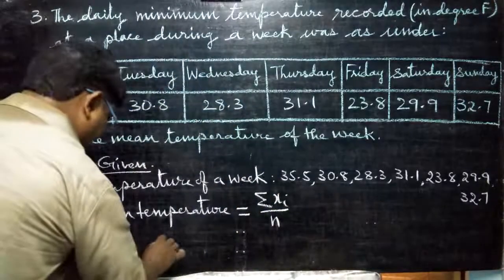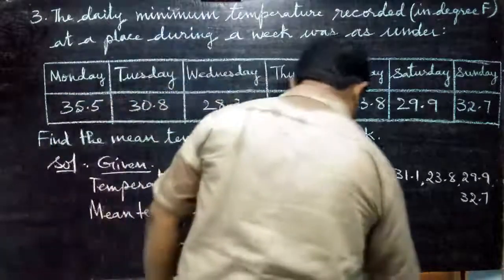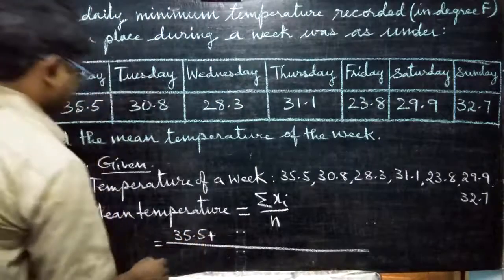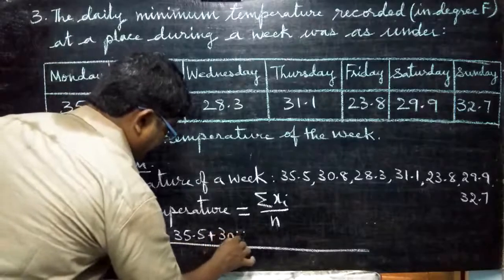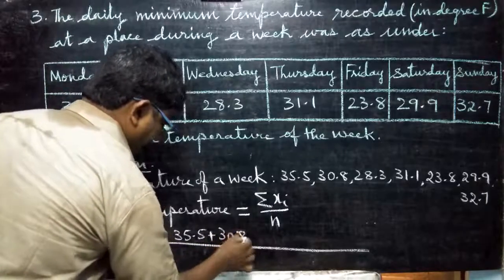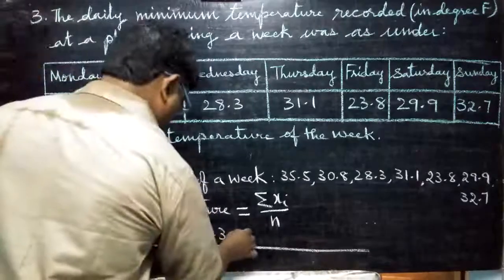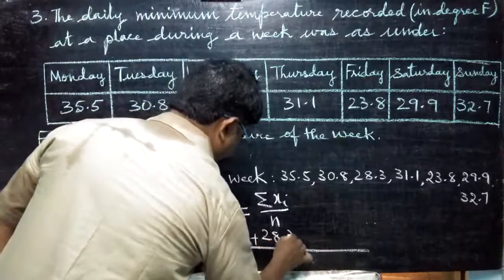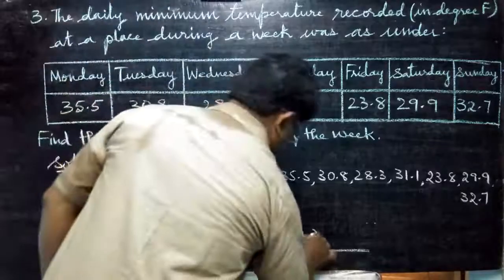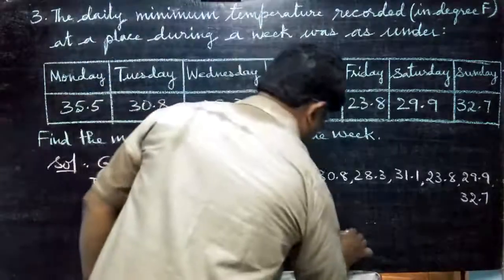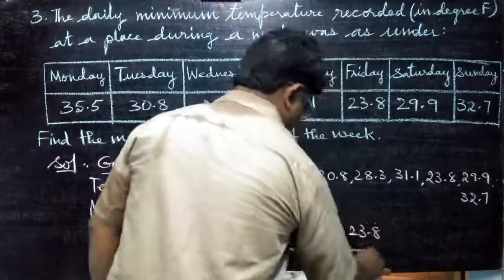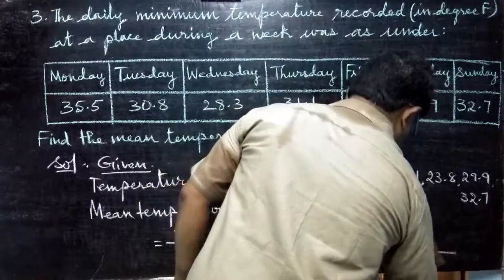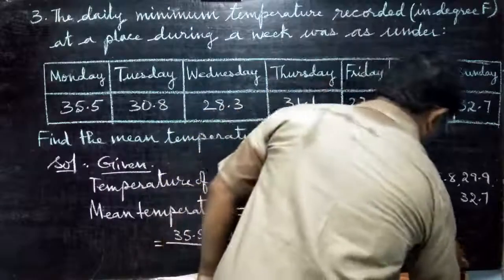Now add, that is equal to 35.5 plus 30.8 plus 28.3 plus 31.1 plus 23.8 plus 29.9 plus 32.7.